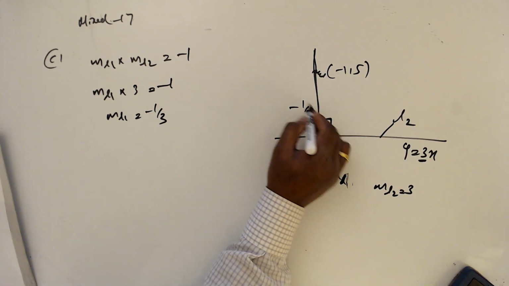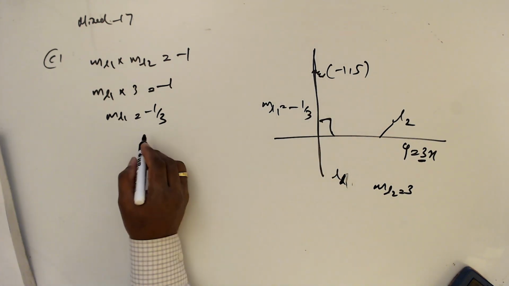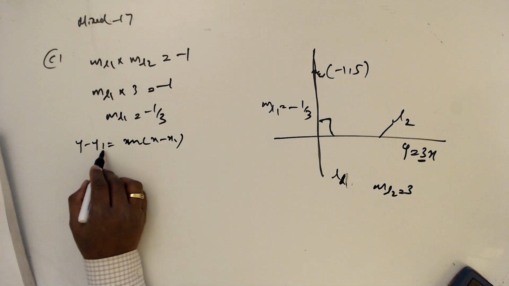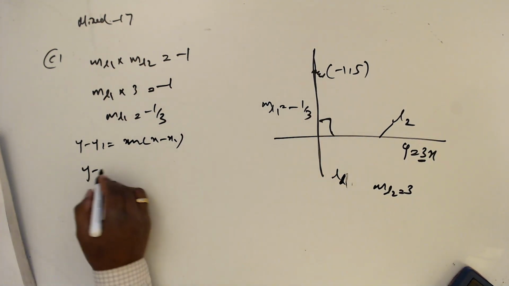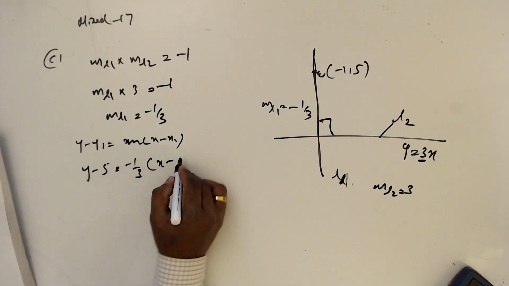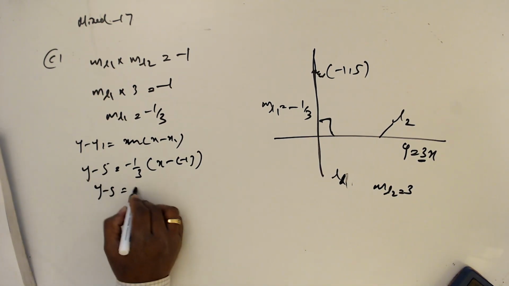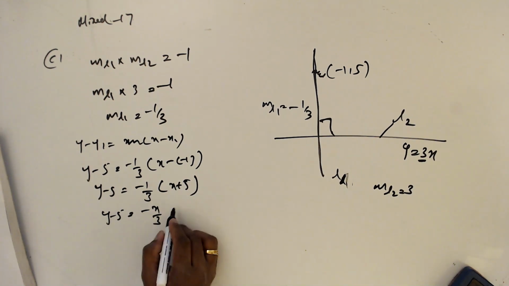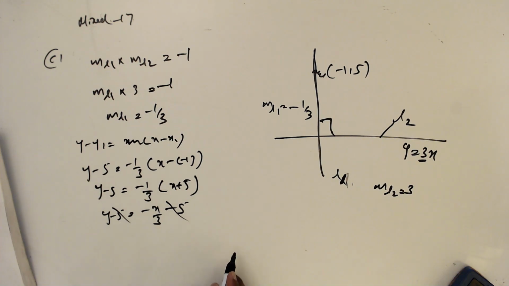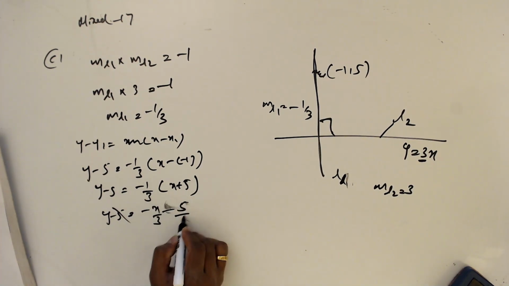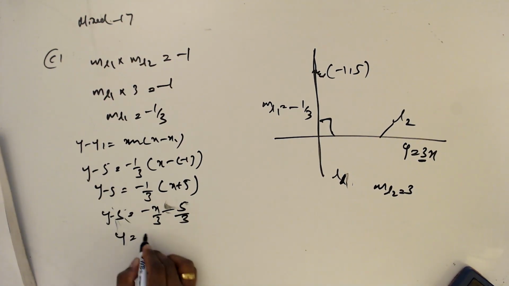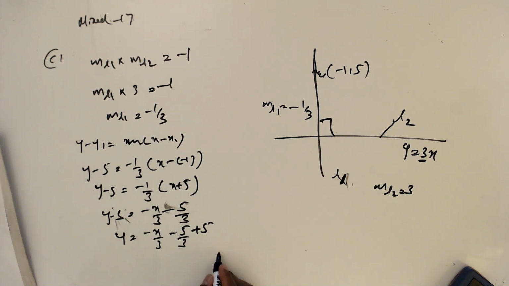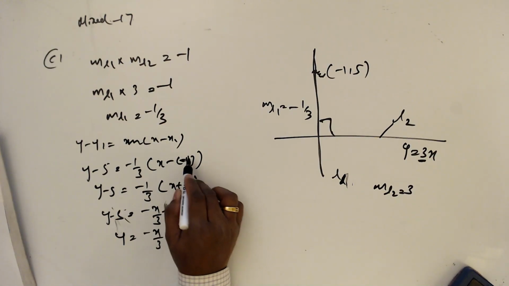Now we know the gradient of this one is minus 1 over 3, and it goes through minus 1, 5. Then y minus y1 equals m times x minus x1. y minus 5 equals minus 1 over 3 times x minus minus 1, which is x plus 1, not 5.